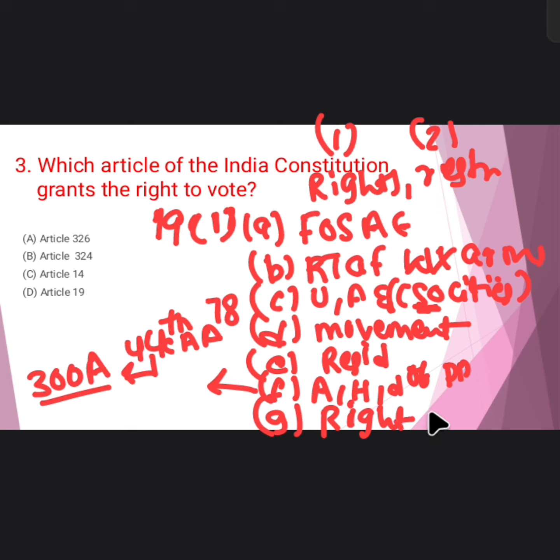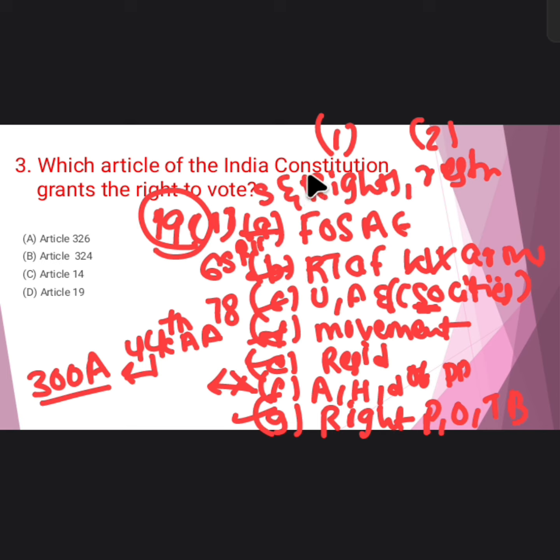Whichever profession, occupation, trade or business you want to choose, you can choose. A, B, C, D, E, F is not there, G. So these 6 sub-rights are present within this fundamental right that talks about freedom of speech and expression.